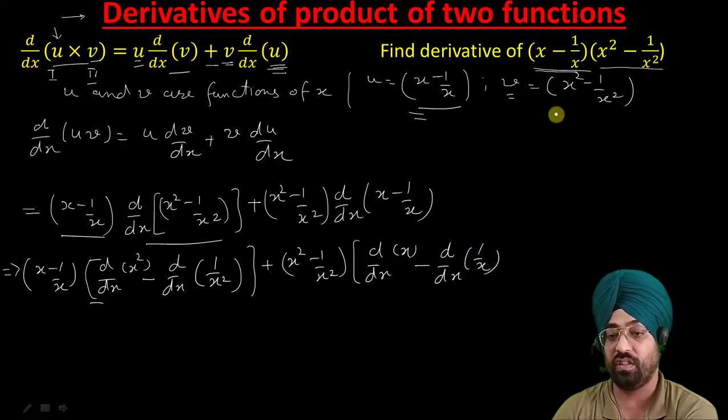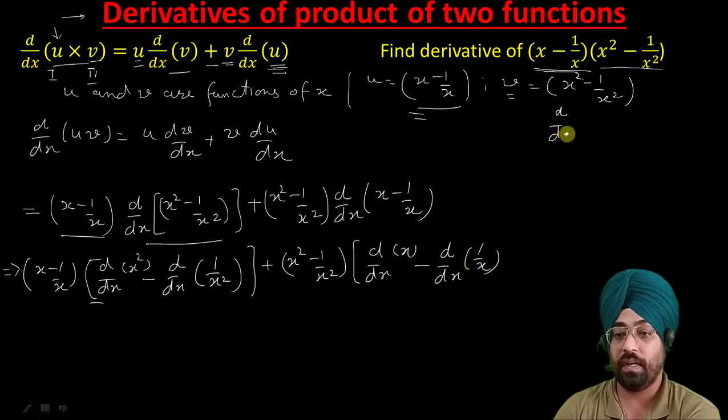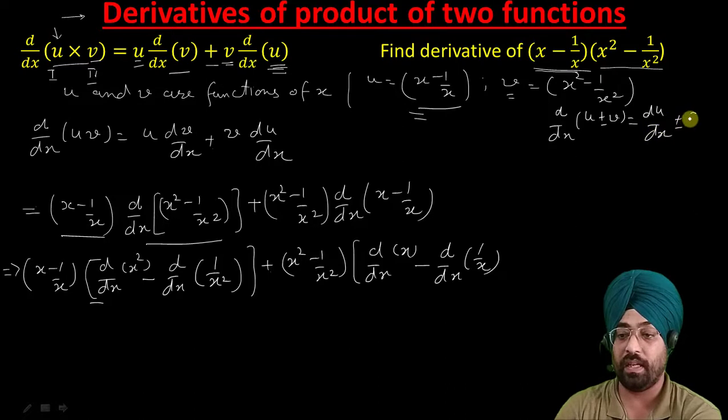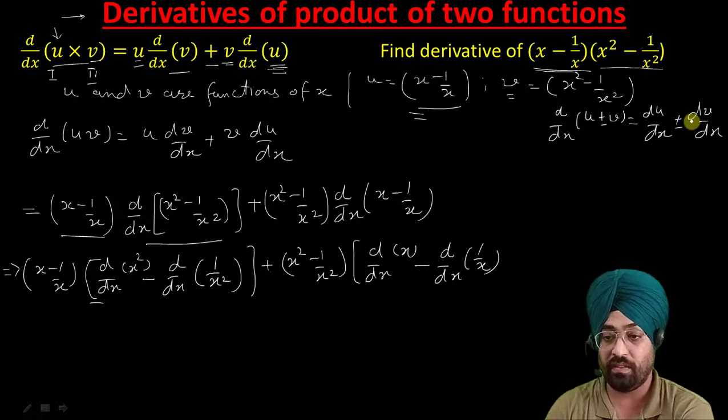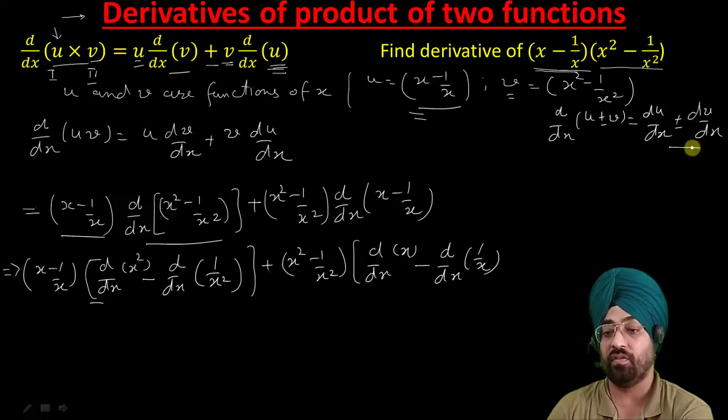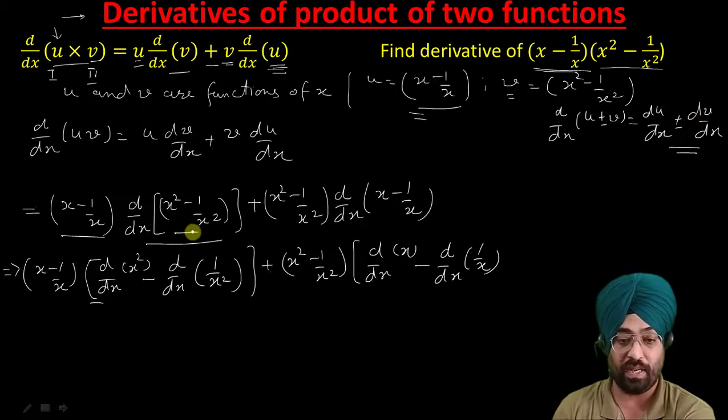Here I have used this formula, dy by dx of u plus minus v is equal to du by dx plus minus dv by dx. If it is u, it will remain u, if it is plus, it will remain plus, if it is minus, it will remain minus. So this formula we have applied here.